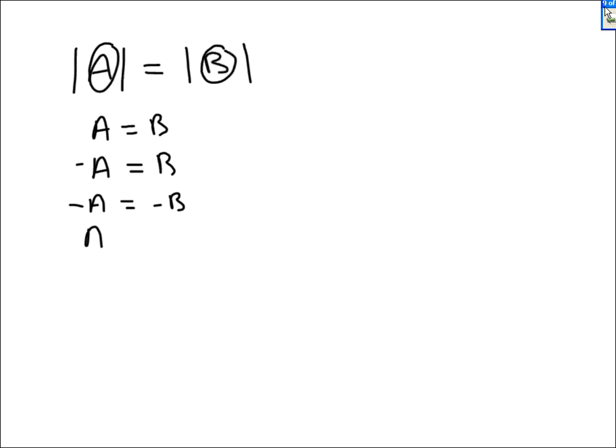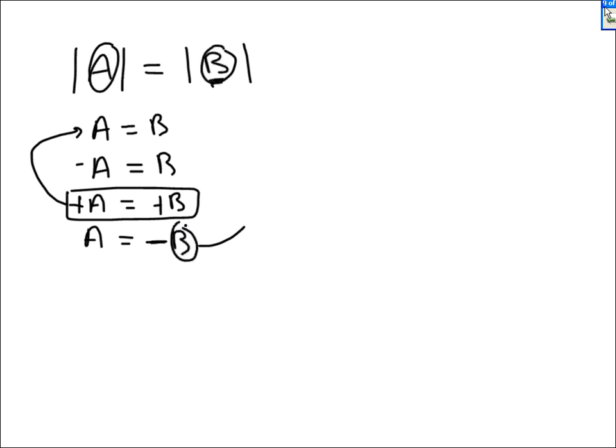If A is positive, but B is negative, you put a minus sign in front of B, and it becomes positive. Now, if you think about it, this one is the same as this equation, because you just multiply both sides by -1. And this last equation is the same as the second, because if you multiply both by -1, they're the same.